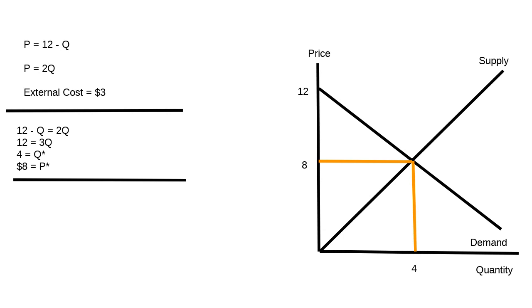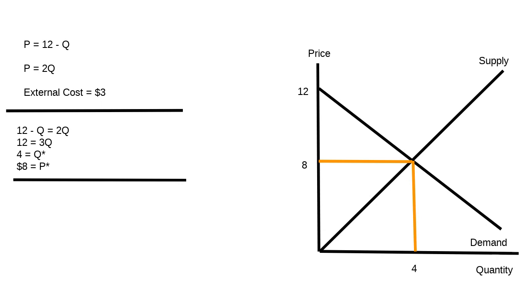is going to be equal to, if we look at the total surplus, 12 minus 0 times 4 times 1 over 2, right? That gives us the big triangle, which is consumer surplus plus producer surplus. But then we have to subtract the negative externality.